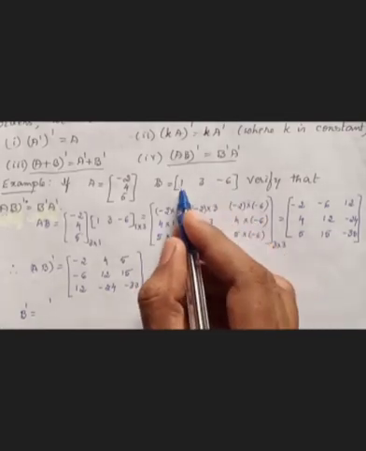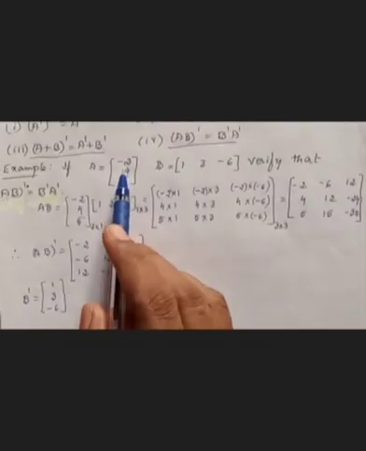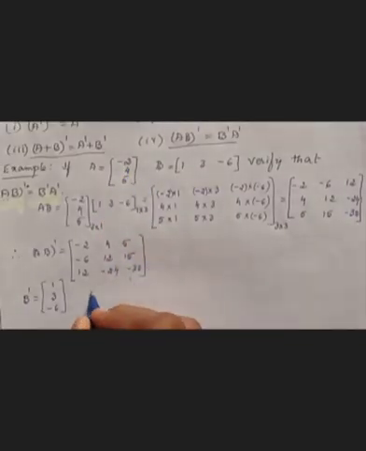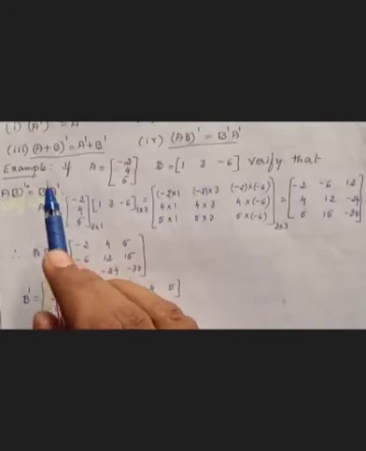Interchanging, in column-wise form, it is 1, 3, -6. So B' is 1, 3, -6. And A is 3 rows, 1 column. The order will change. A' is 1 row, 3 columns: -2, 4, 5.